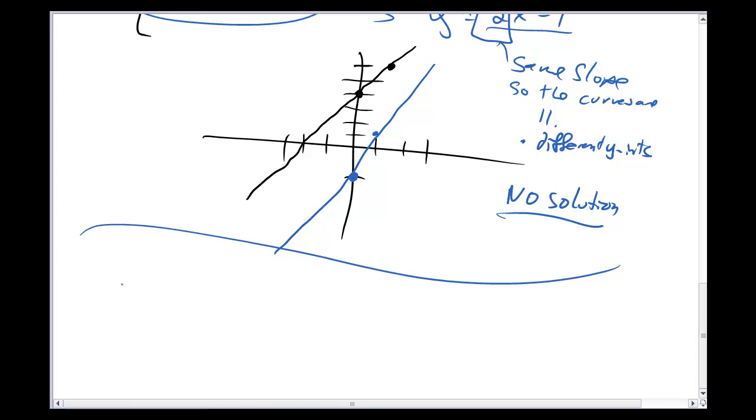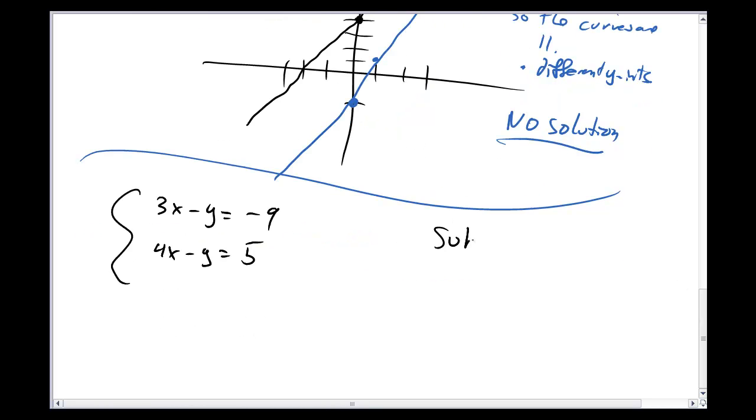For my next set of linear equations, let's talk about 3x minus y equals negative 9 and 4x minus y equals 5. I'm going to solve this using the substitution method. Substitution method says this.